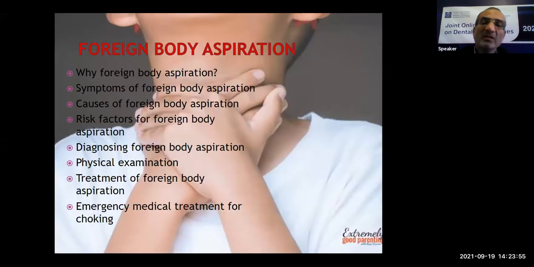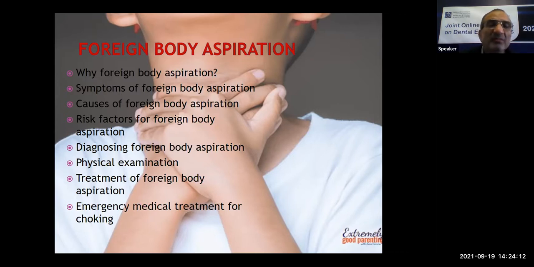To treat a solid object during aspirated material, we must pay more attention. This is the universal sign for choking, and it means the patient needs vital help.